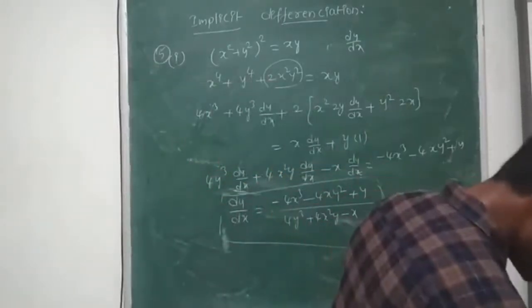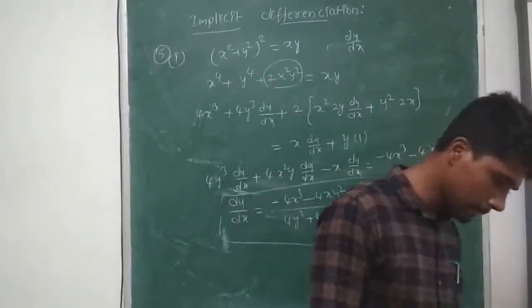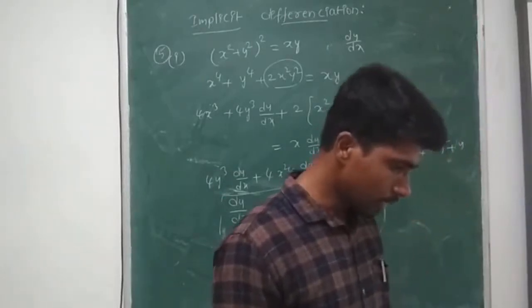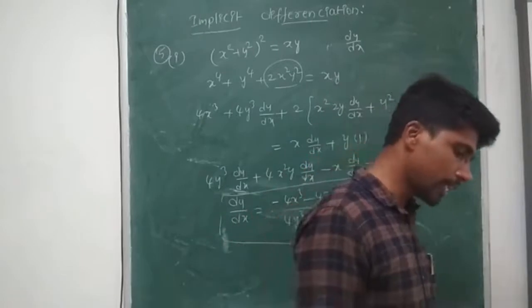Right. We move on to the next question, which is given as x cube plus y cube is equal to 3axy.